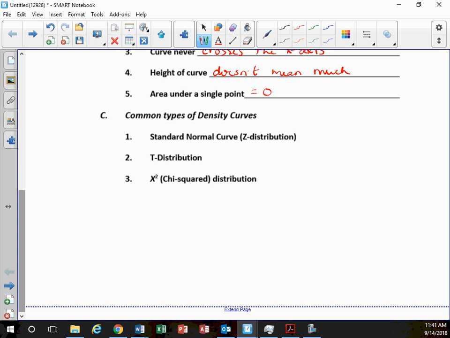Okay, so then some different density curves that we're going to look at throughout the year. This unit, we will talk about standard normal curves, and we'll keep talking about those for pretty much the entire year. Okay, we'll talk about z-scores, so it's a z distribution. I think you guys know the shape of a standard normal curve. It's what you think of when you talk about a bell curve. It's perfectly symmetric.